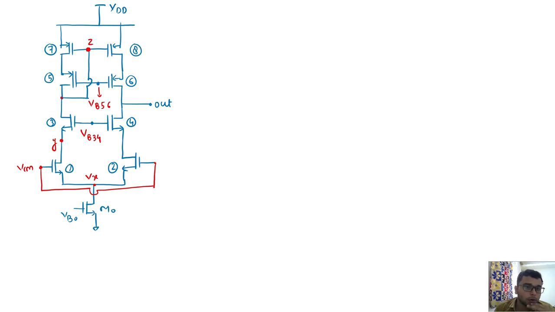I think there is no problem in calculating the minimum value of common mode. The minimum value of common mode is VGS of 1, which is defined by the current, 1 or 2, it's the same, plus VDSAT of transistor M0. Yes, this is the minimum value. Now I'll go for the maximum value. The concept is already explained, so you see it.